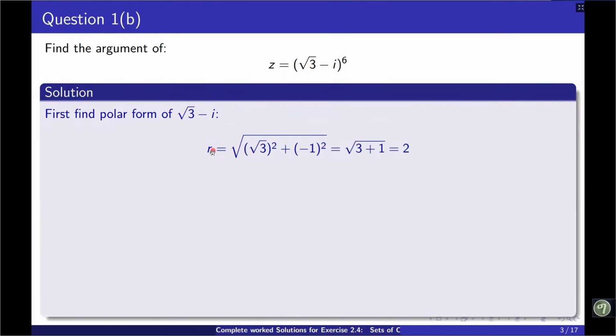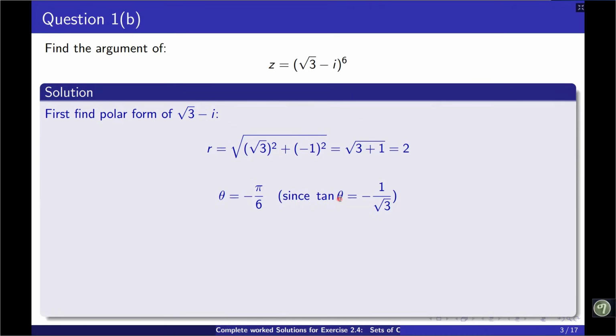In this case, first r is equal to the square root of the real part squared plus the imaginary part squared, that is the square root of (root 3) squared plus (minus 1) squared, which is the square root of 3 plus 1, that is 4, which is 2. Then theta in this case is minus pi over 6, since tan theta is negative 1 over radical 3, and the point is in the fourth quadrant, because the real part is positive and the imaginary part is negative.